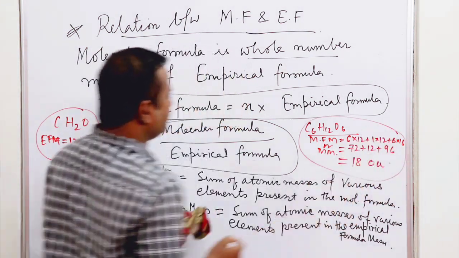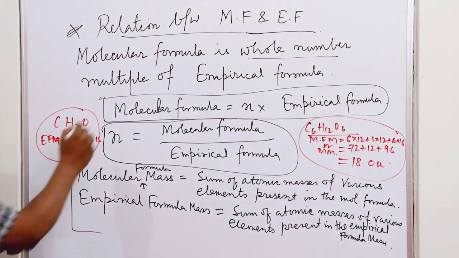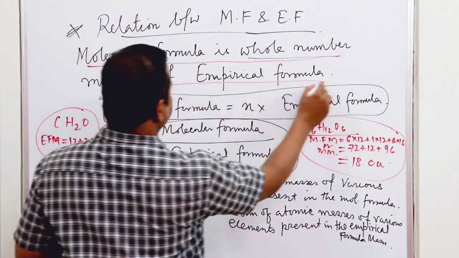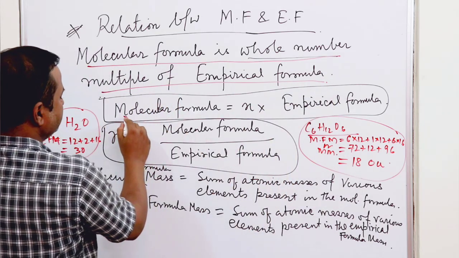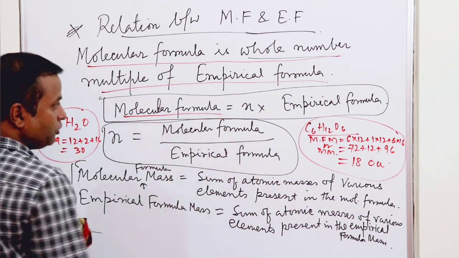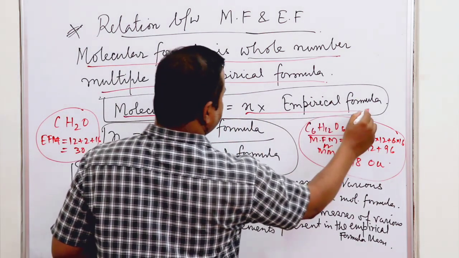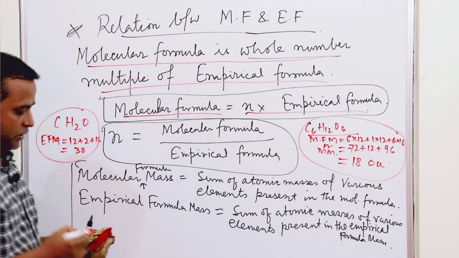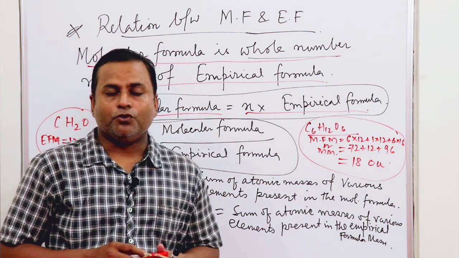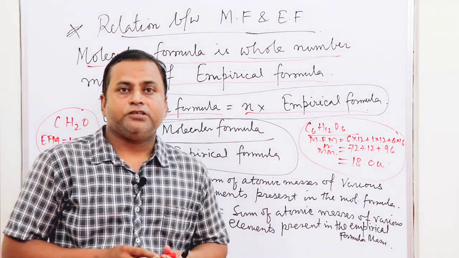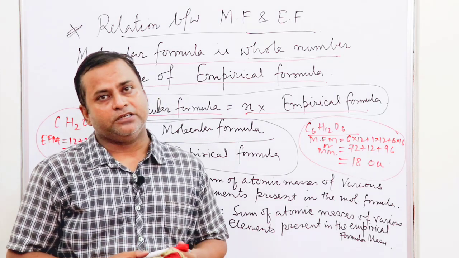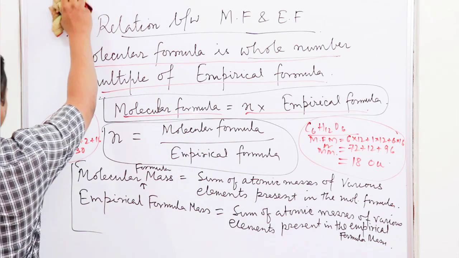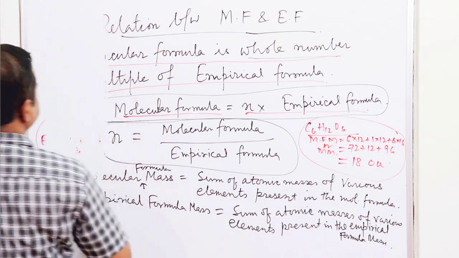So you must be knowing about that, but still we need to revise. So molecular formula is the whole number multiple of the empirical formula, and so we can write molecular formula is equal to n into empirical formula, or n is equal to molecular formula by empirical formula. Now all these things will be more clear to you once we solve numericals based on this concept. So let's solve some numericals.